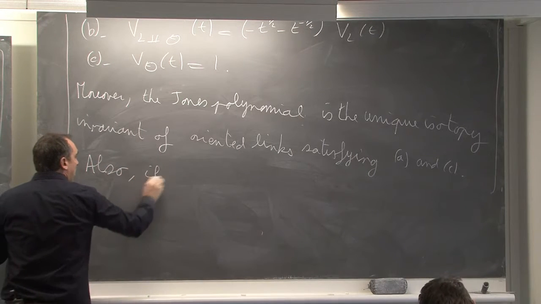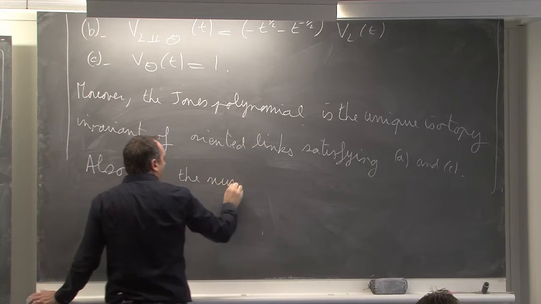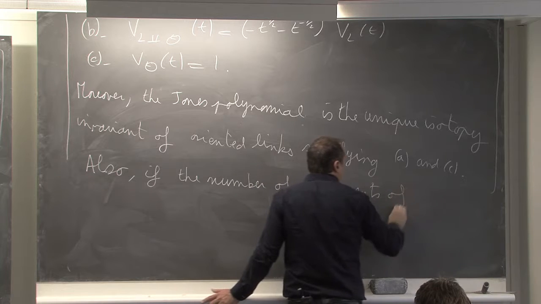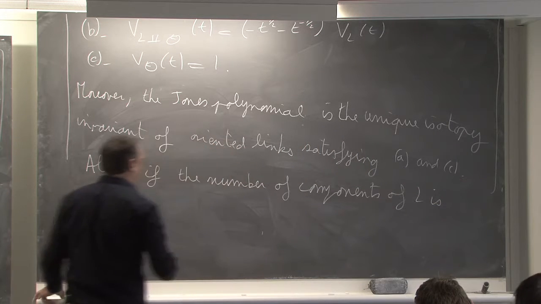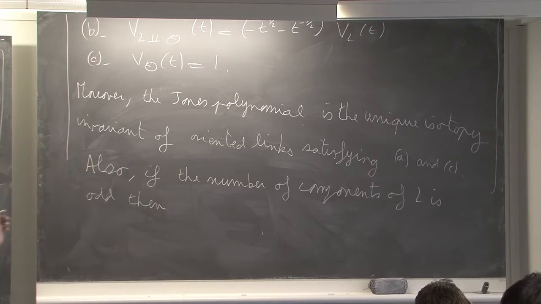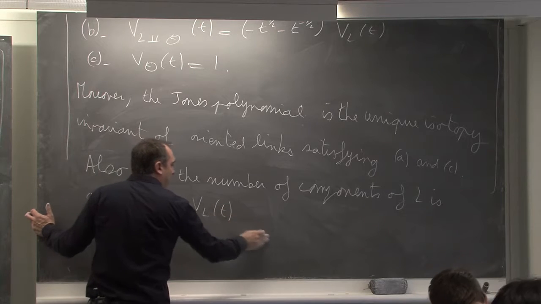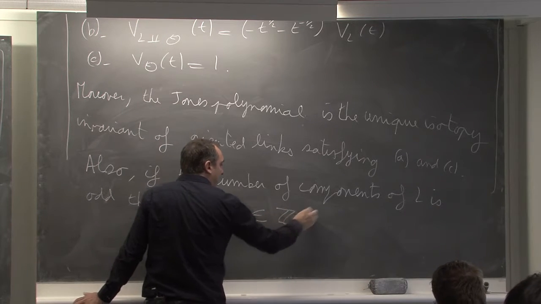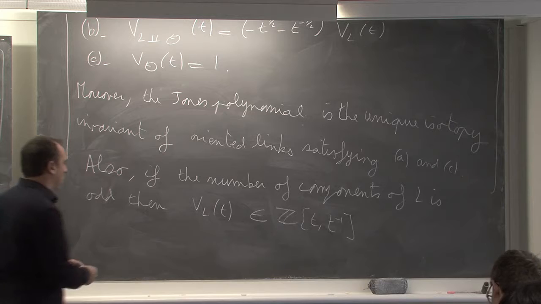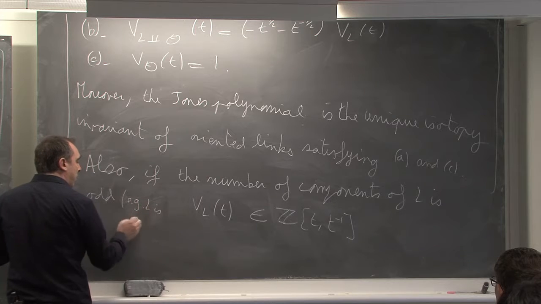Also, if the number of components of L is odd, then the Jones polynomial is a Laurent polynomial in T. For example, this is the case for knots.